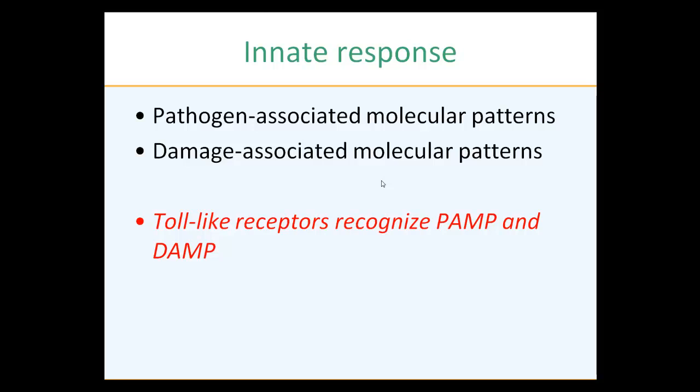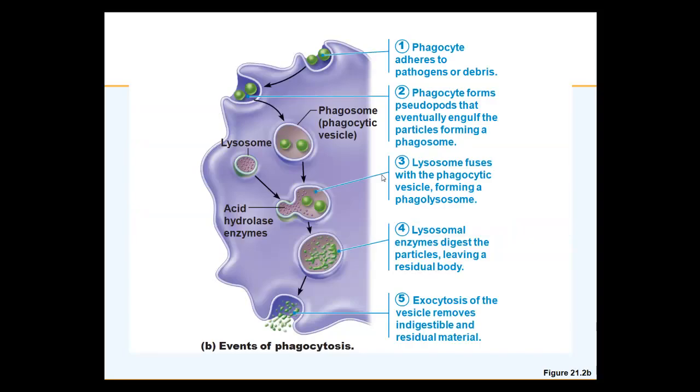And whether this pattern is associated with a pathogen or with damage, in either case, those phagocytic cells will be able to sense their target by some receptors. We call these receptors toll-like receptors, or TLR for short, and they will recognize the pathogen associated molecular pattern or the damage associated molecular pattern and go after them.